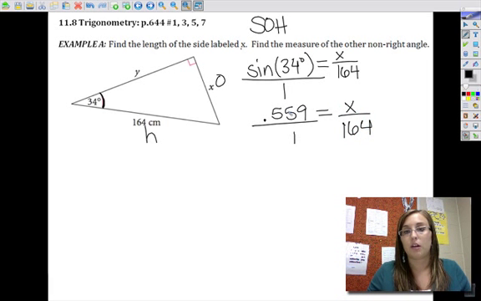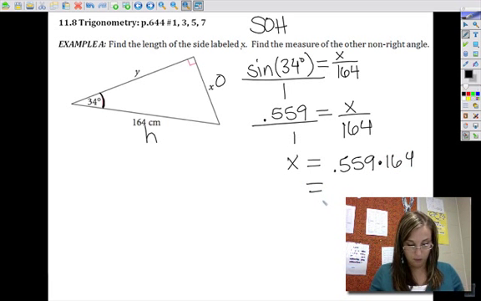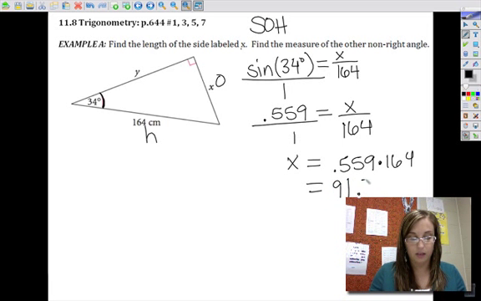So I'm going to cross multiply. 1 times x, or I can just write x, equals 0.559 times 164. I'm just going to go ahead and multiply those, and I get 91.708, let's round it to 8.